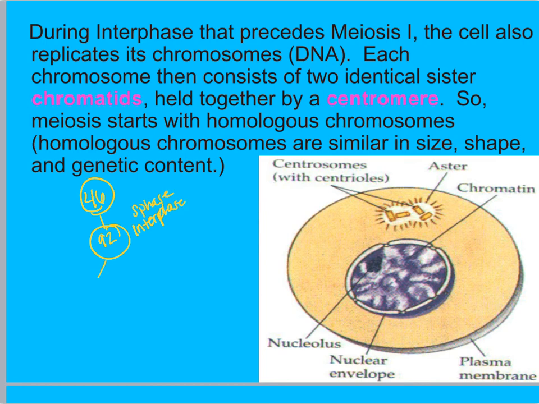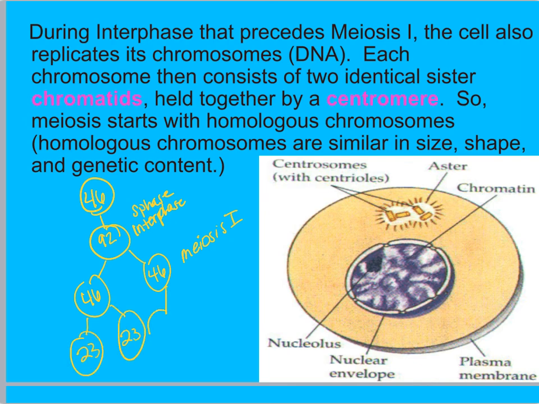And then in meiosis 1, you would get 2 cells with 46 each. And then after meiosis 2, they're going to divide again and get your 4 haploid sex cells.